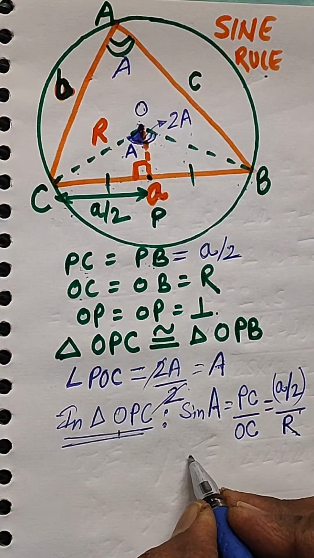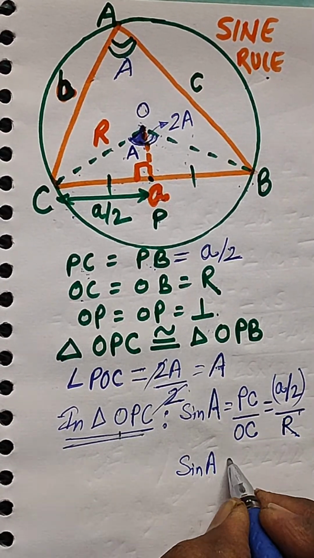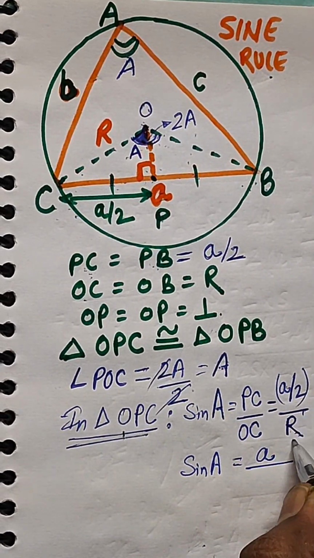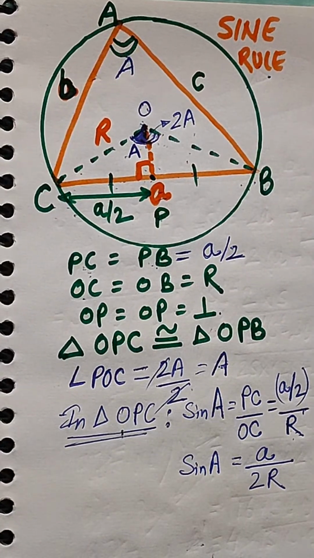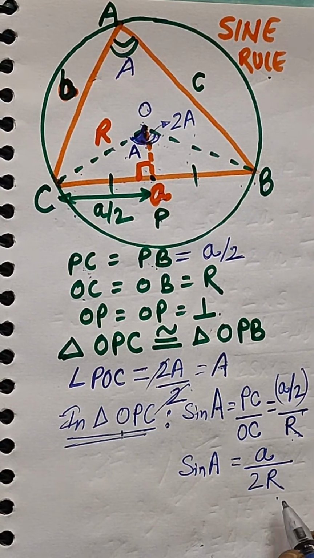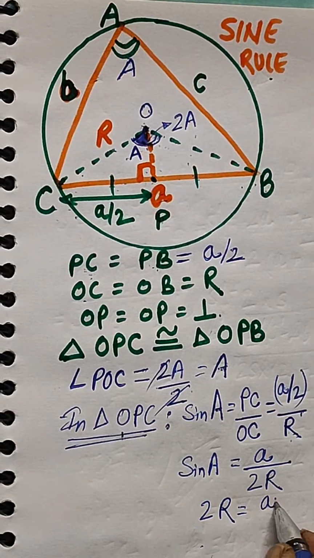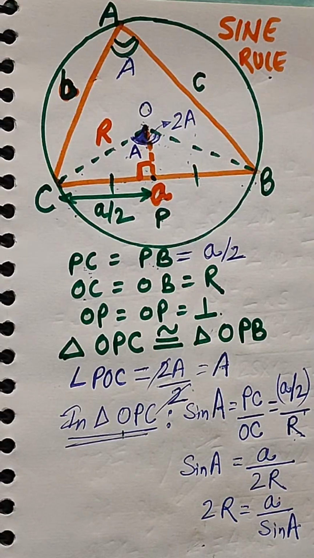From here, sine A is equal to a divided by 2R, with the 2 going to the denominator, right? Or we can say that if sine A goes over here, then 2R is equal to a by sine A, right?